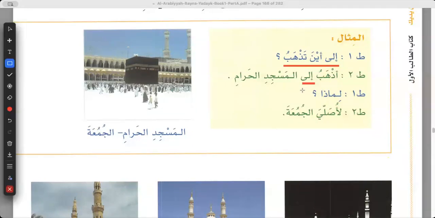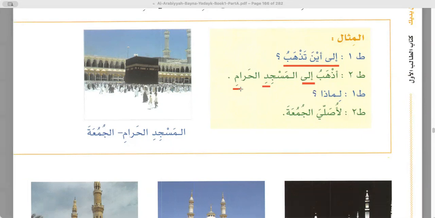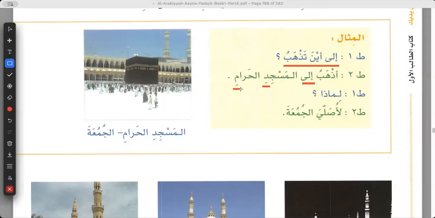Because ila will give any noun kasra unless where it is forbidden. There are some words that will not take kasra. But majorly, anything coming after ila will take kasra, just like fi, just like min.